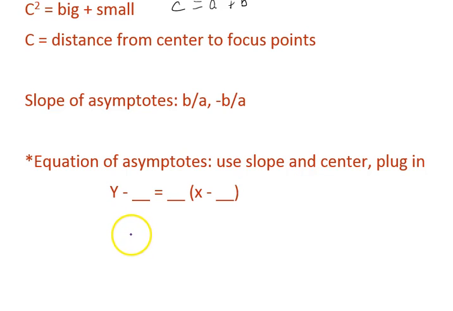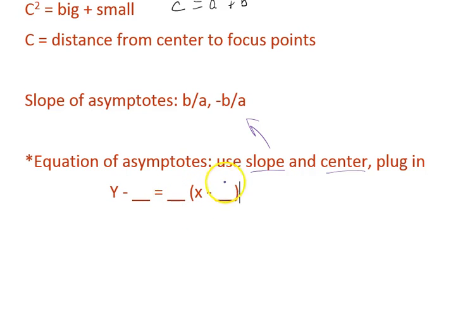Okay, on occasion, you'll be needing to find the equation of those asymptotes. And so we're going to use point slope form that you might have learned in Math 1 or Math 2 to calculate those. We'll be using this a lot next year. But we're going to use the slope that you find here and the center that you calculate from the original equation, and you're going to plug them into point slope form, which is y minus something equals something, x minus another something.